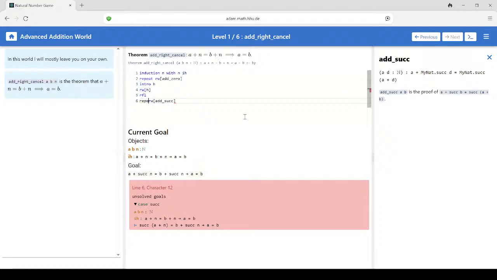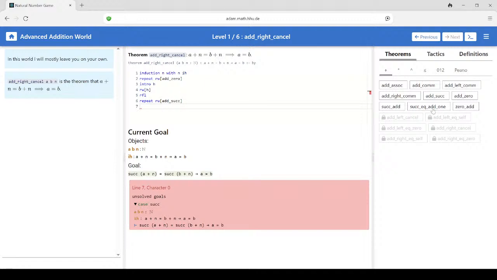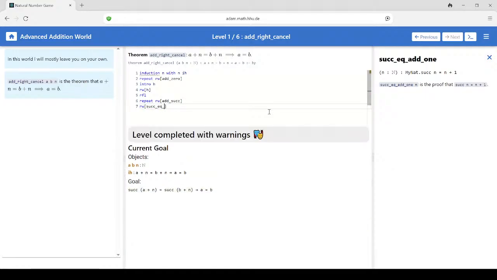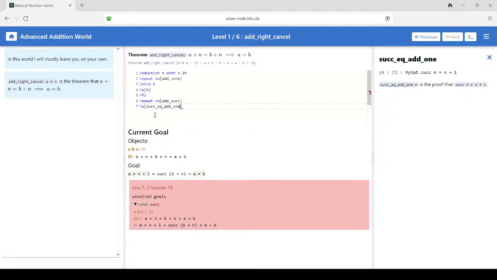Repeat it for everything. I believe that could work. There we go.